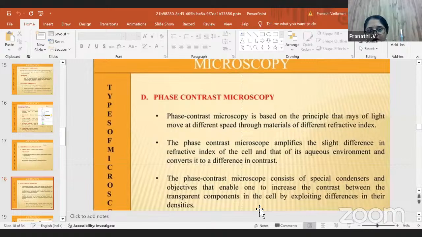And that is because all the component cell organelles, for example, are not going to have the same density. So if you want to view the Golgi complex and mitochondria, you will use a phase contrast microscope because they have different densities as such.